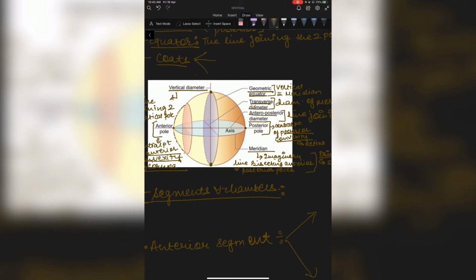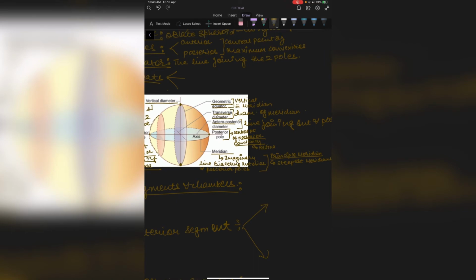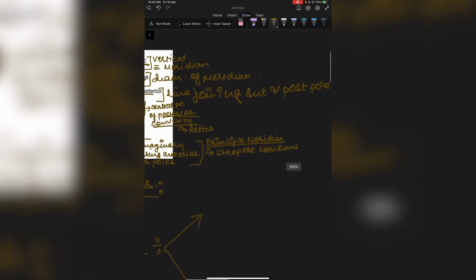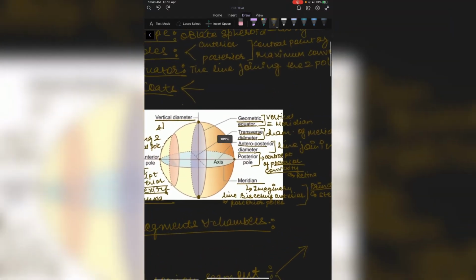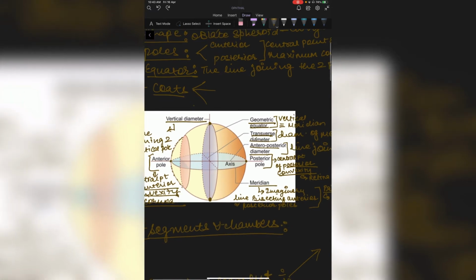A meridian is nothing but a semicircular line which will bisect the anterior and posterior poles. Right? Now, in case of meridian, we have another term called the principal meridian. The steepest meridians are called your principal meridian, right?